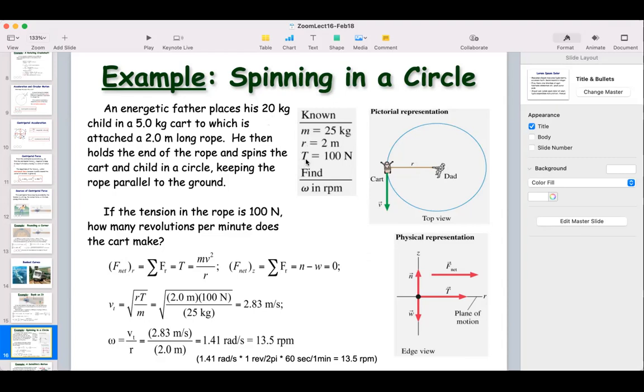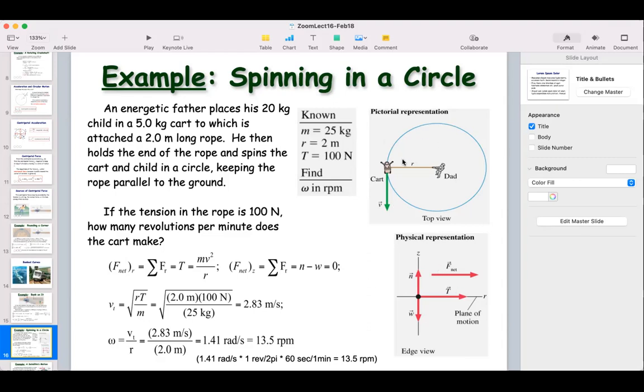And then you have the tension of the rope, which is 100 Newton. The tension of the rope goes towards the center and is what is making your centripetal force. And we have to find omega. How many revolutions per minute does the cart make? We have to find omega in RPM, in revolutions per minute.